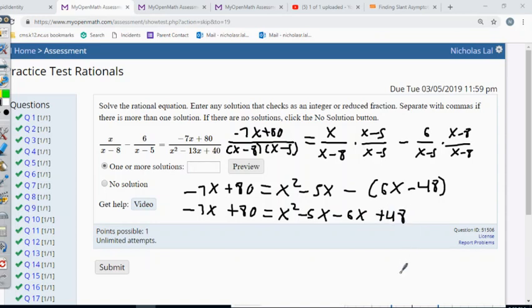So this is going to be x squared minus 5x minus 6x minus 11x plus 7x, minus 4x, plus 48 minus 80. It's going to be minus 32. That's equal to 0. So that's going to be equal to 8 times 4.